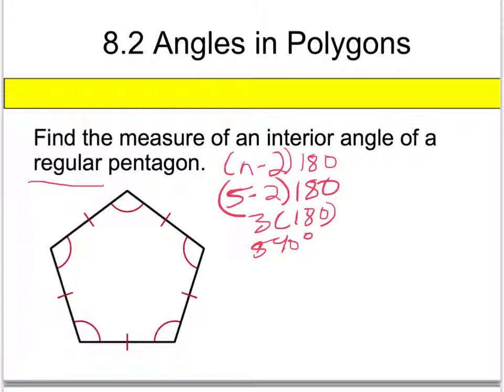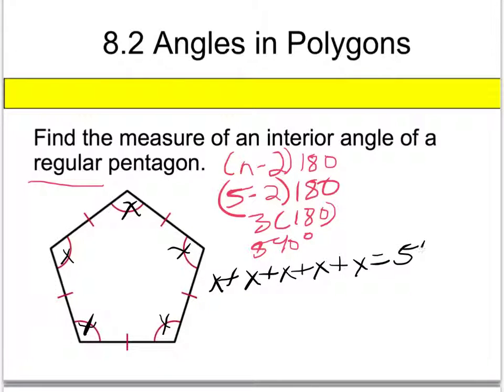Now, this being a regular pentagon and it being equiangular, we can label each of these angles as x. So if I put x, x, x, x, x, we don't know what their angle measures are, but we do know that all of them are going to be the exact same. So if you add all of these x's up together, it equals 540 degrees.